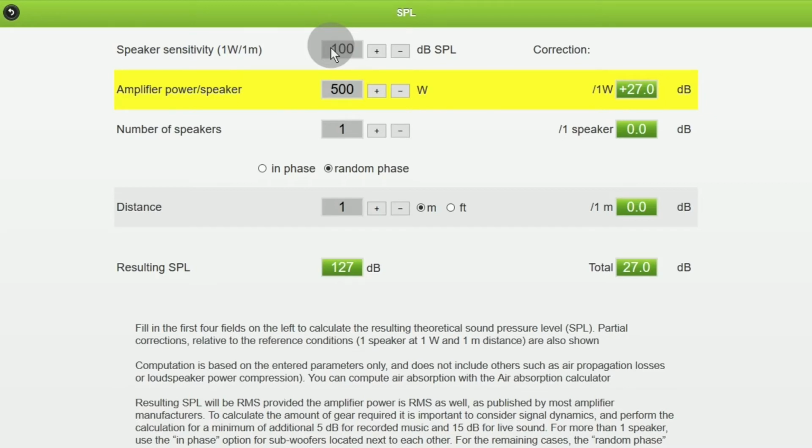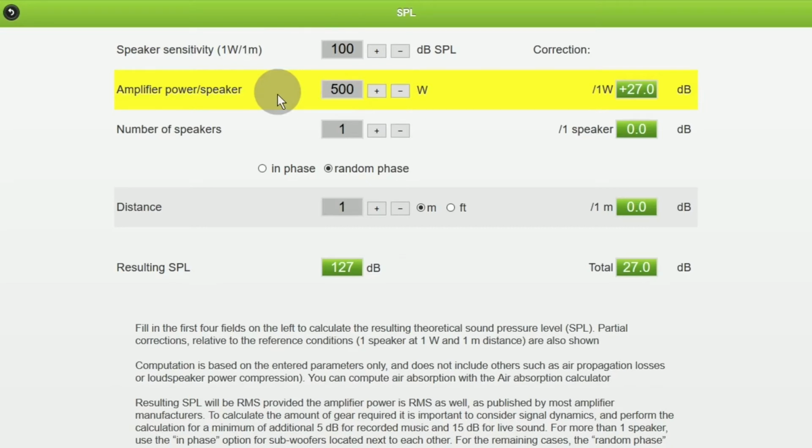For example, if we have two boxes of 8 ohms each connected in parallel, and the amplifier delivers a power of 1000 watts into a 4 ohm load, then we'll enter a power level of 500 watts. It's important here to enter real power based on RMS voltage.